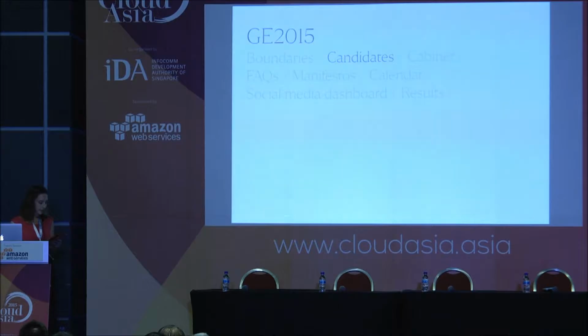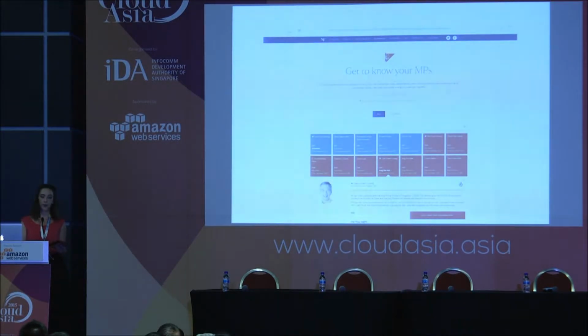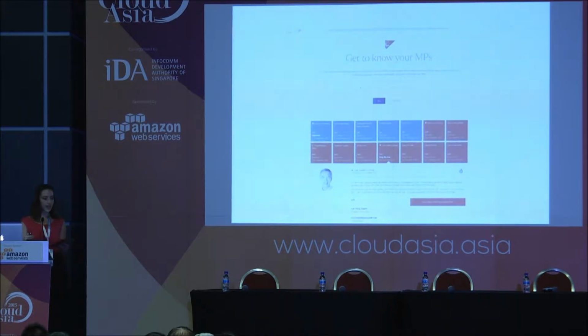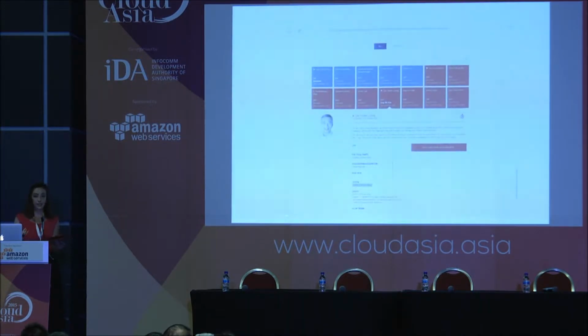Okay, then on to the next project, which we published on the second day of the election campaign, which is our candidates graphic. We used the very trendy layout of cards for each candidate, color-coded by their party and with filters. So the candidates became the data for this graphic.